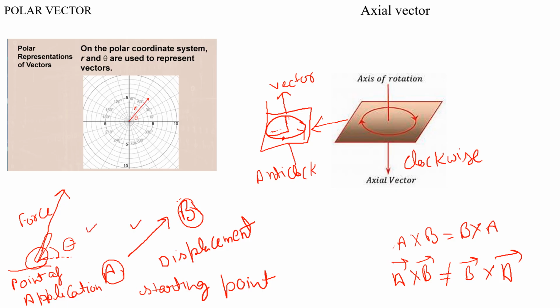What are axial vectors? The axial vectors represent a rotation effect and are always along the axis of rotation in accordance with the right hand screw rule. In the plane of motion, we see in clockwise rotation the axial vector is in the downward direction, and in anti-clockwise the axial vector is upward.